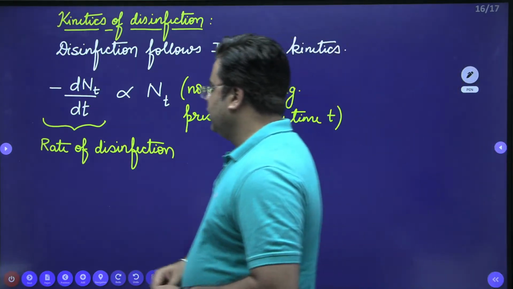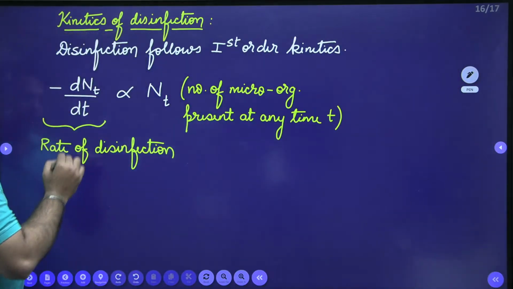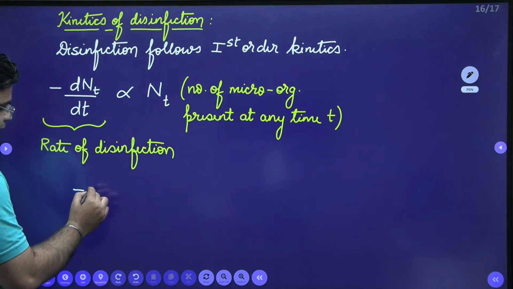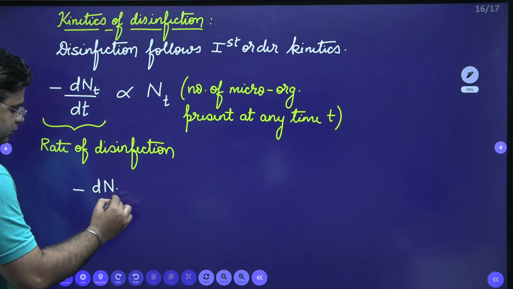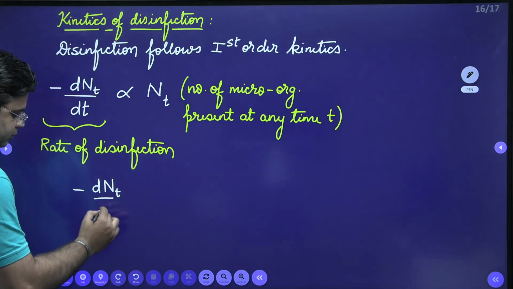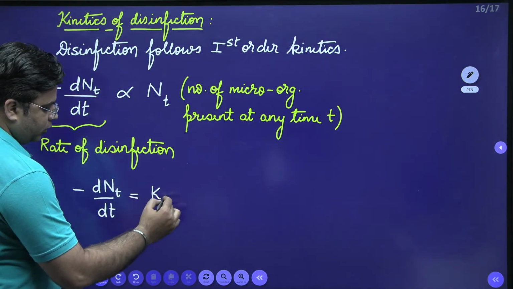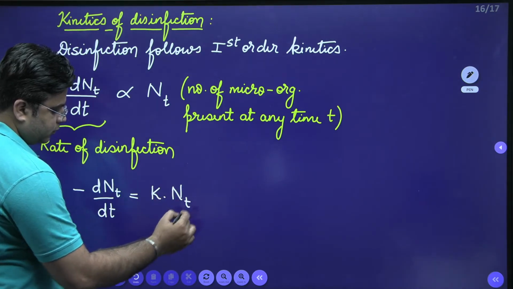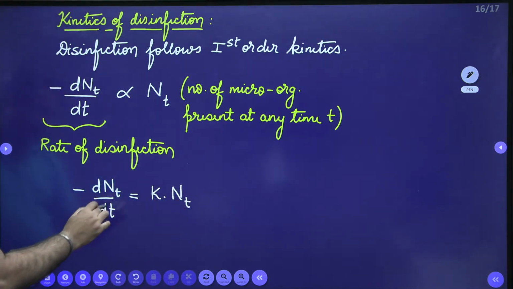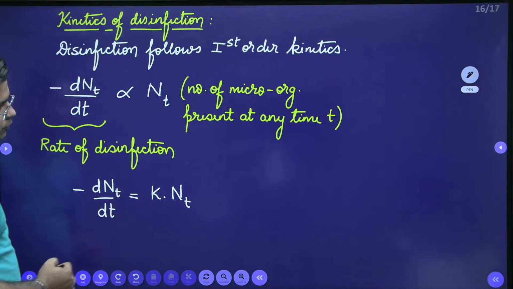Okay, now we will just solve this. So minus dNt by dt is equal to k times Nt. When you solve this, you have to just rearrange this.